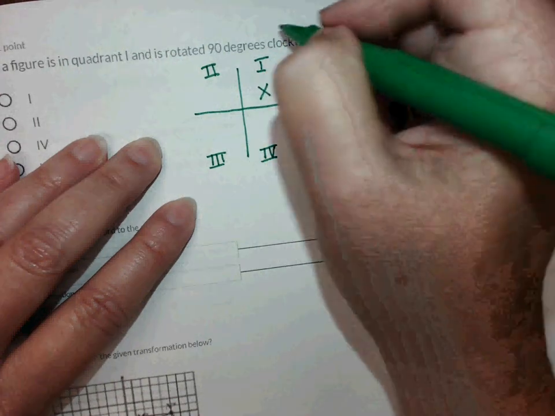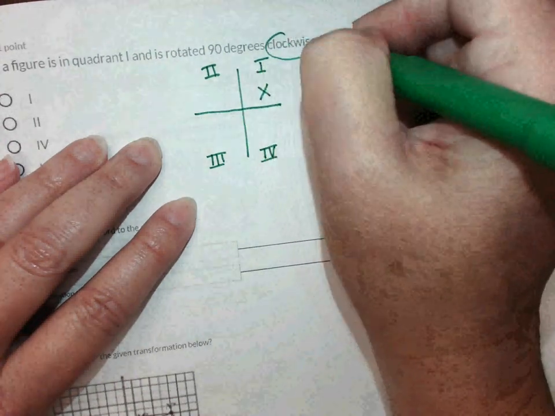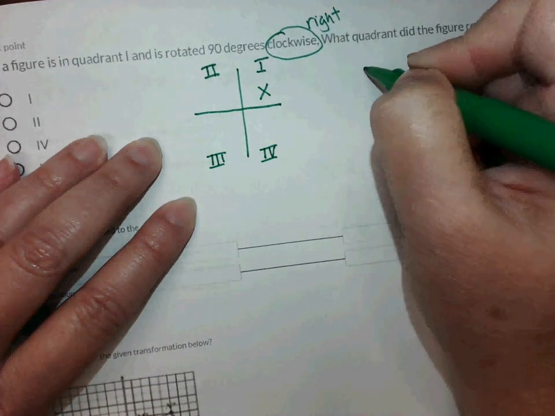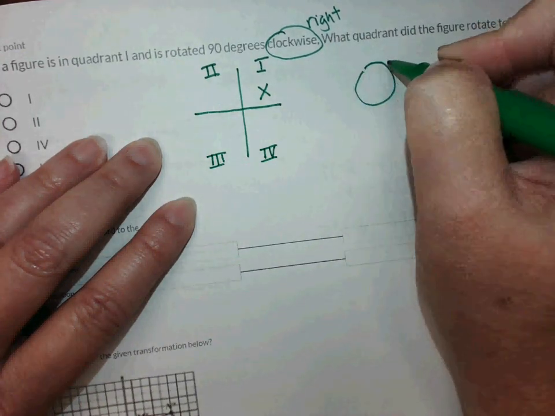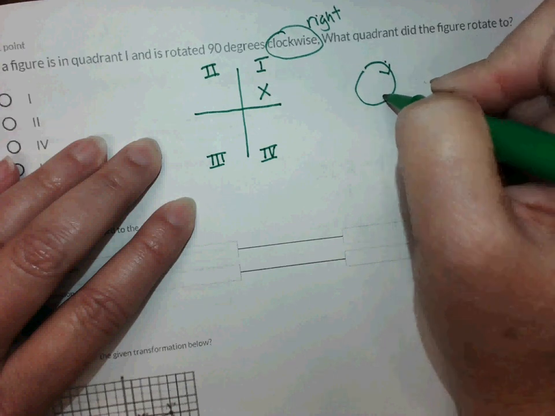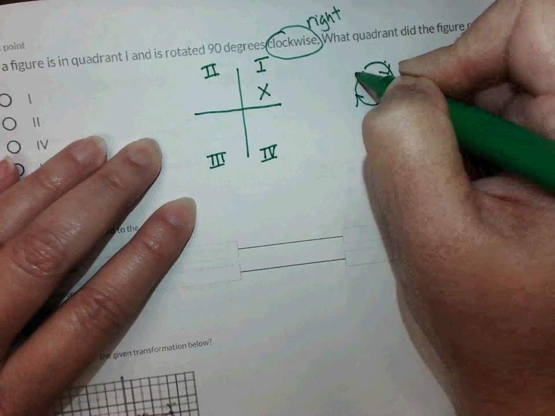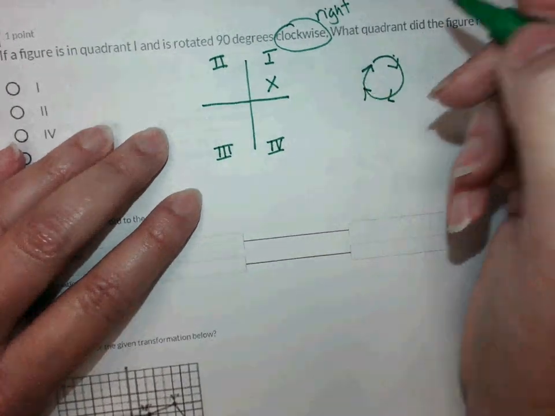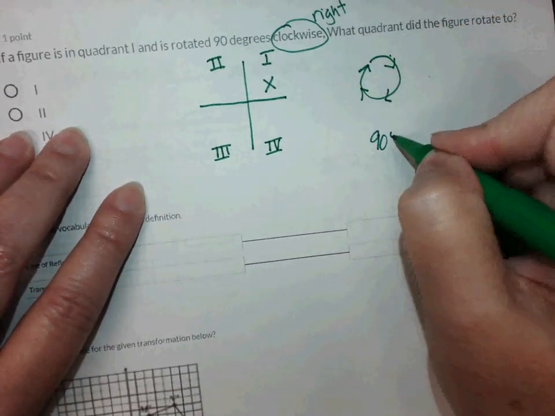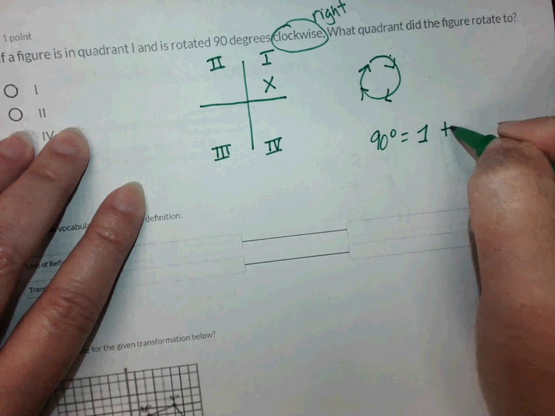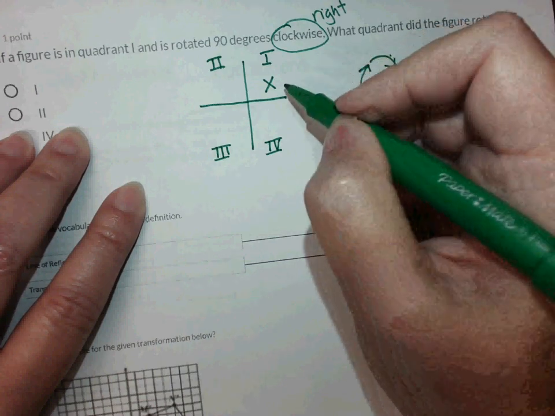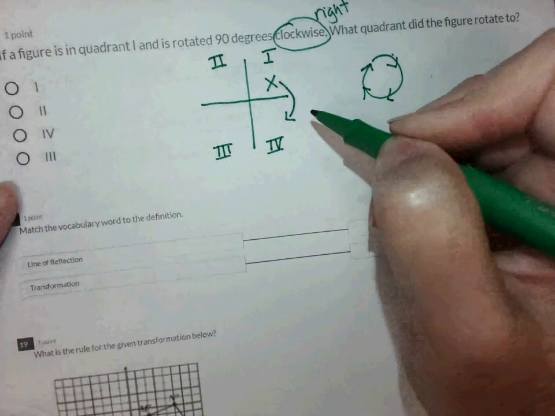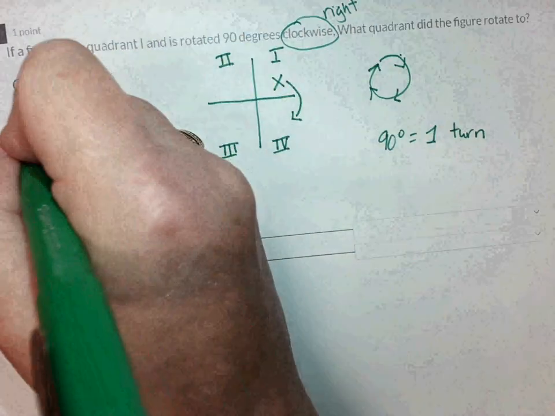Clockwise goes to the right. In other words, it goes this way, with the clock. 90 degrees equals 1 turn. So I'm going to go 90 degrees with the clock. I'm going to end up in quadrant 4.